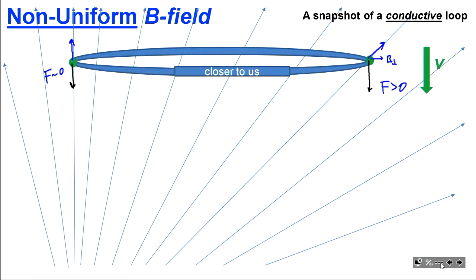But if I move this loop away, now to enclose exactly the same number of lines, I need a larger loop. Which means if I have the same loop, a smaller number of lines go through it. So when a loop travels through a non-uniform magnetic field, the number of magnetic field lines inside the loop changes.